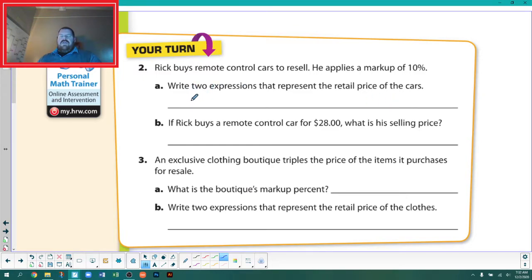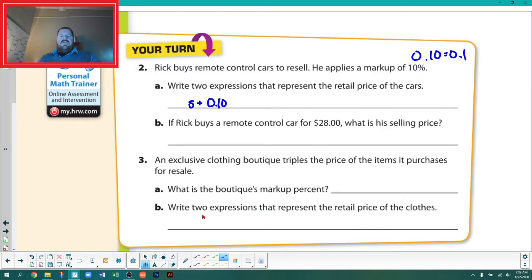So using the previous example, if we use S for the amount that he buys them for, just to keep things the same, I'm going to have S plus 0.10, 10% is 0.10, or 0.1. Let's use 0.1.